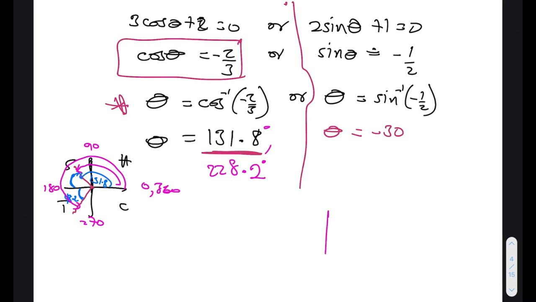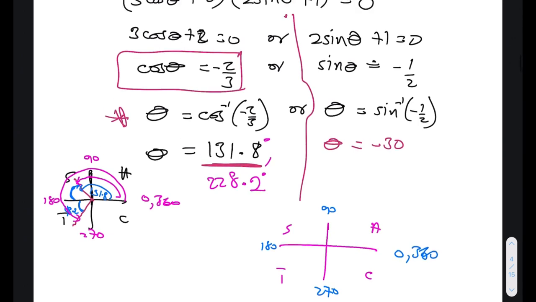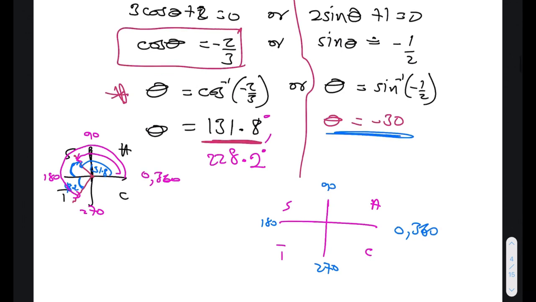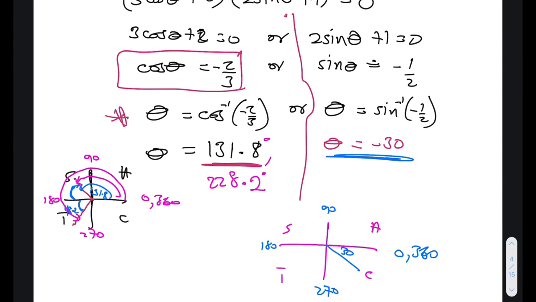Now, let's come to the sine. We do a CAST here, and then we calibrate it 90, 180, 270, and then 360. Now we are told that the first angle we found was a negative angle. That means that it's down here. It's 30 degrees. Now, ask yourself, sine is what?